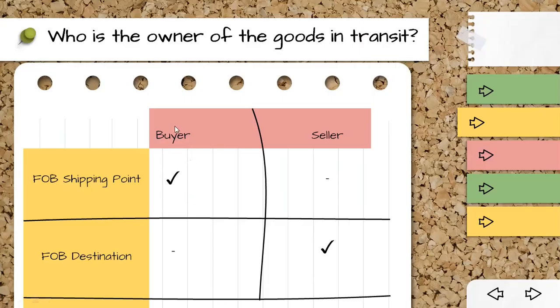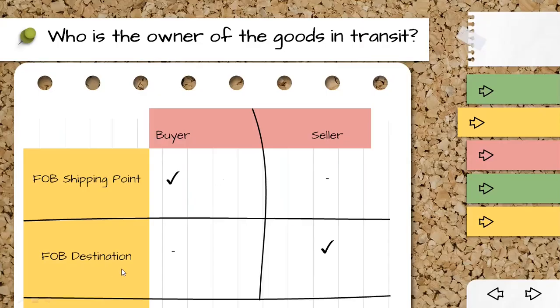Whatever happens to the goods while in transit is the burden, or the risk, of the buyer. Now, when goods are shipped FOB shipping point and are still in transit, if you are the buyer, then you have to include them in your inventory. If you are the seller, do not include them in your inventory because you don't own them anymore.